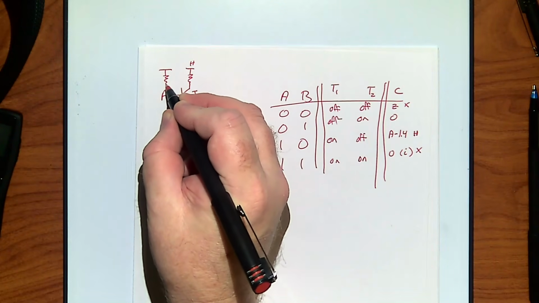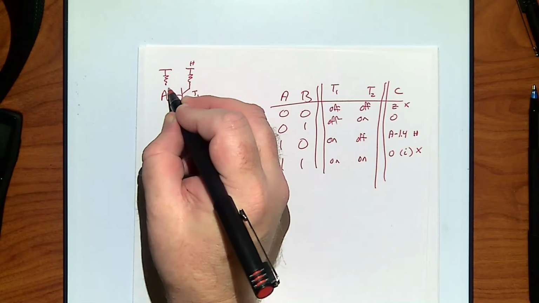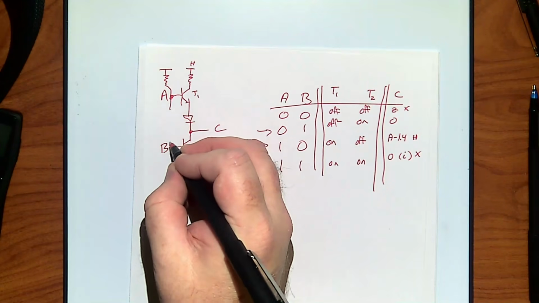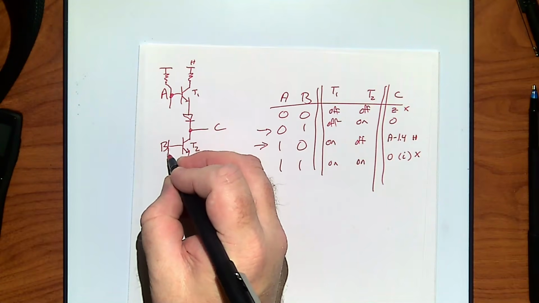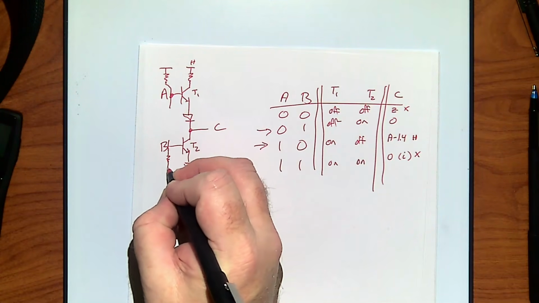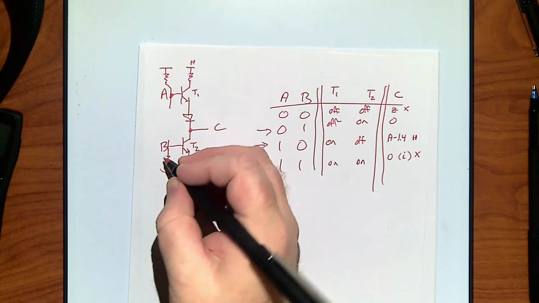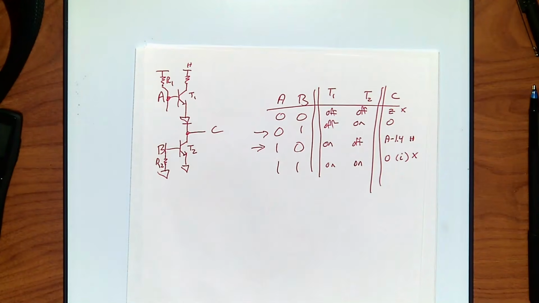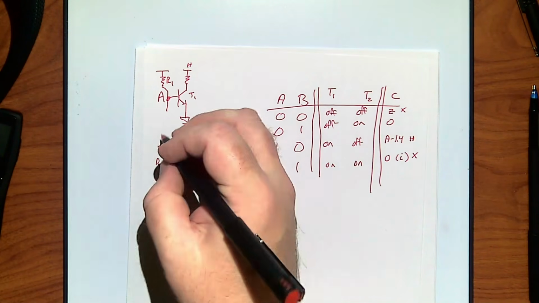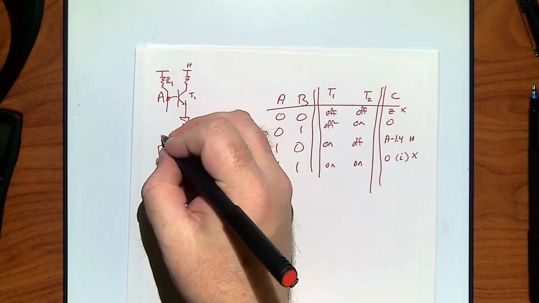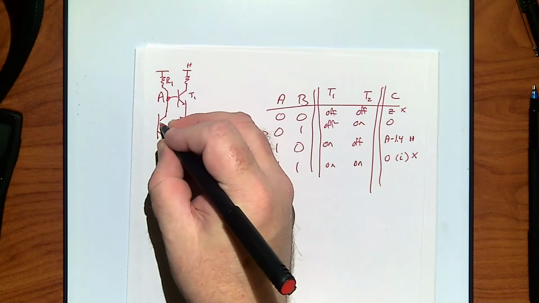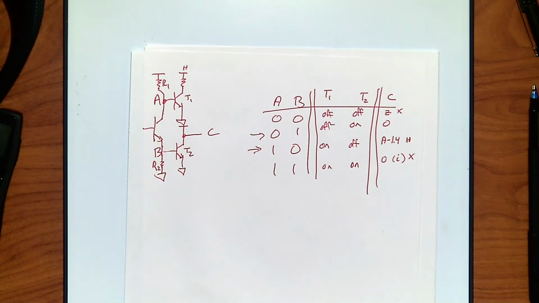I allowed a little resistor here, and I potentially have a separator here too, but I'm going to allow another resistor here. I'm going to call this one R1. I call this one R2. And now I take one transistor here. There.